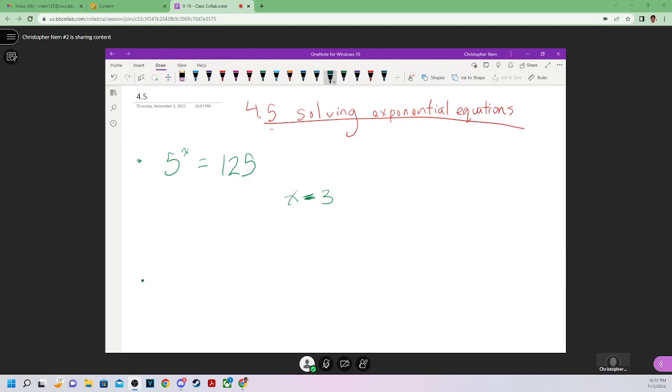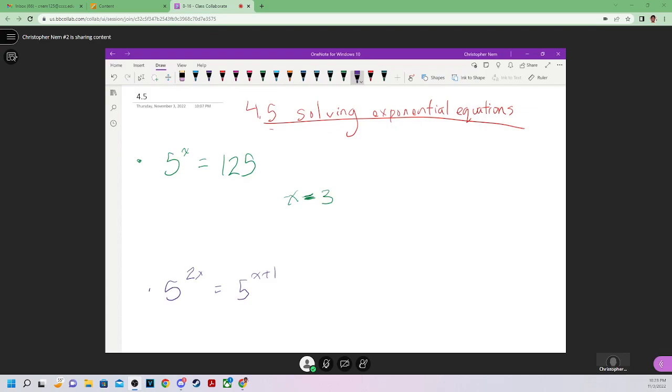Well, another type of problem that we have is, let's say I had instead 5 raised to 2x equals 5 to the x plus 1. Just giving it some time for thought, you should be able to solve this out for x. And the reason why is because both of their bases are the same.